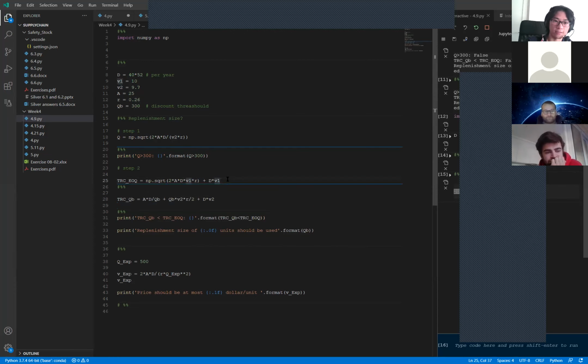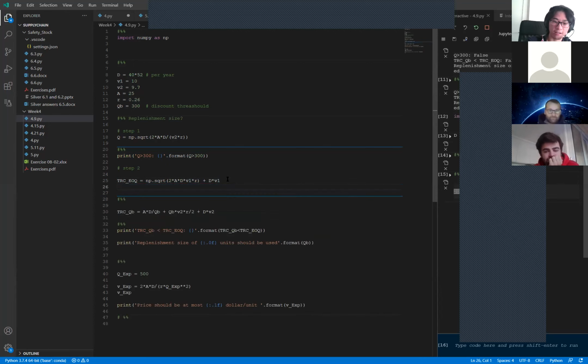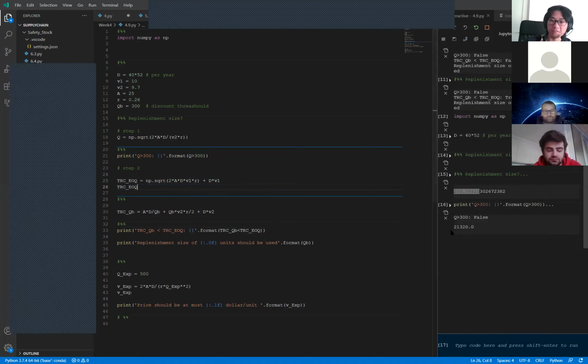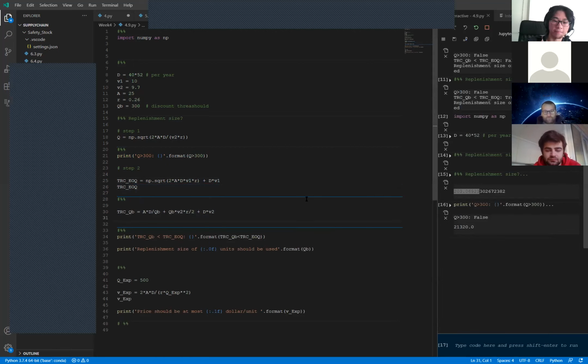But just for the purpose of showing, I'll show the output. As you can see here, the total cost is something. And here, the total cost, as you can see, it's lower.